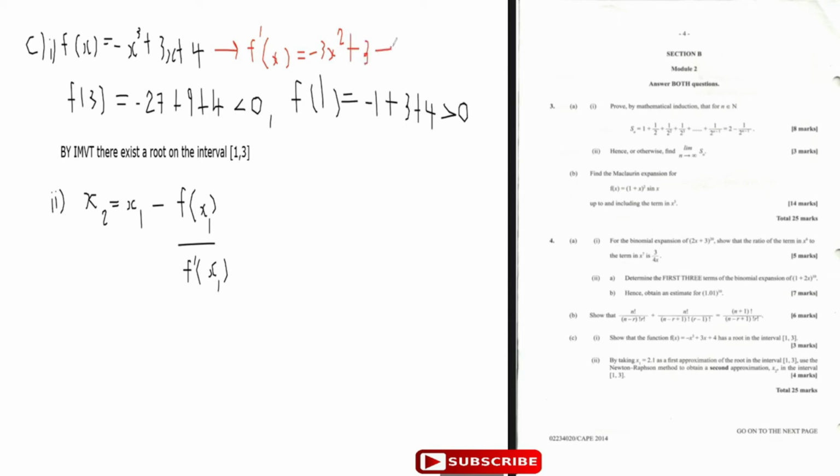And so you can plug in 2.1 to find f prime of 2.1. f prime of 2.1 is minus 3 times 2.1 squared plus 3, which is minus 10.23.